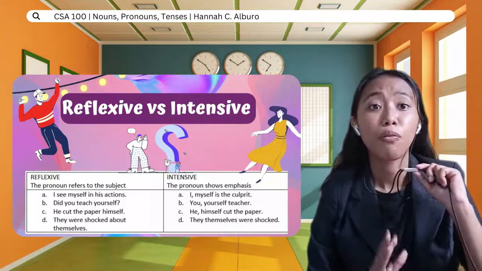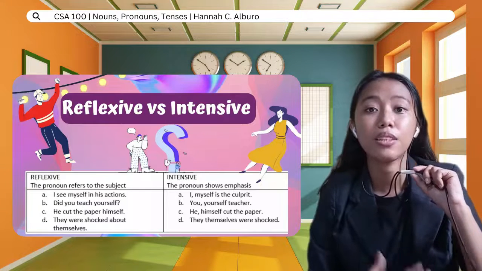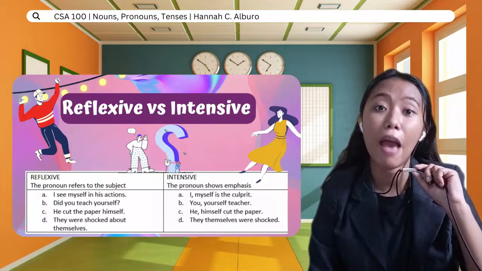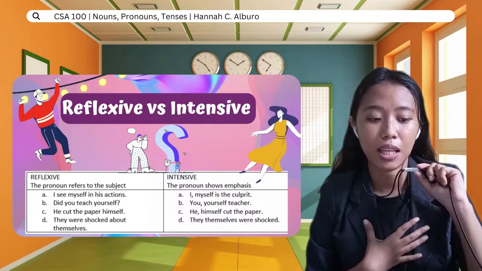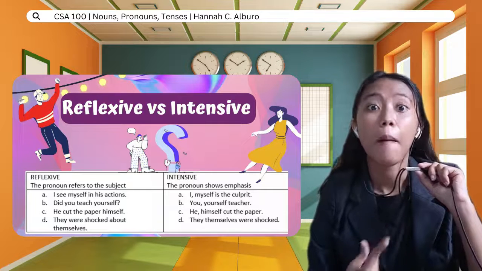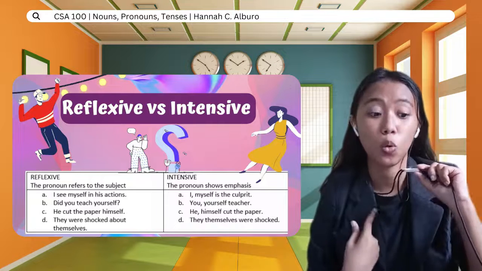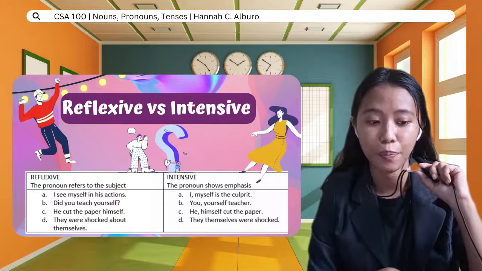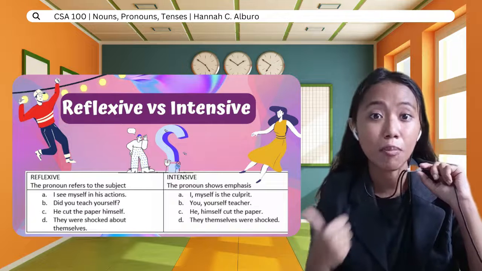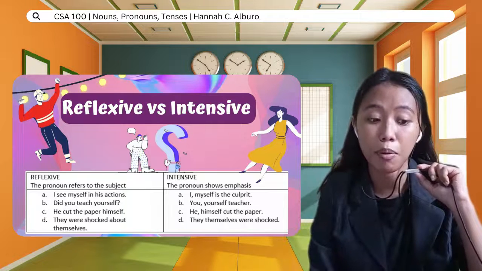Now, intensive pronouns are the pronouns that show emphasis. Take for example the sentences: "I myself am the culprit. You yourself are the teacher. He himself cut the paper.